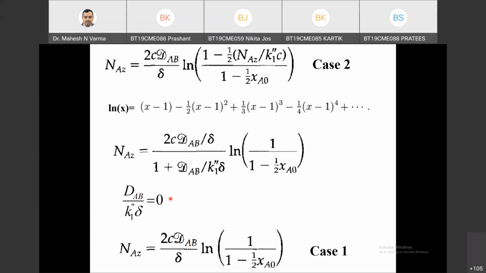Damkohler number, I think you might have studied or you are going to study in kinetics. It represents the ratio of the kinetic constant to the mass transfer constant. When simultaneous mass transfer and kinetics are going on, the Damkohler number is used. So we get this for K double dash very, very large as compared to DAB.